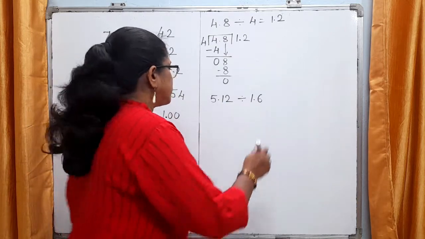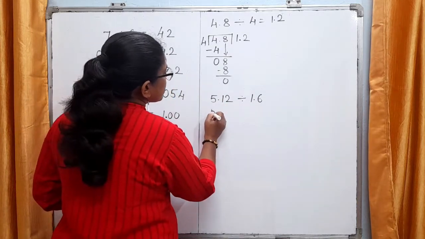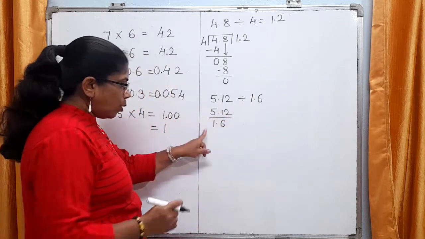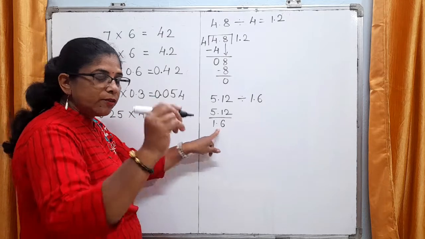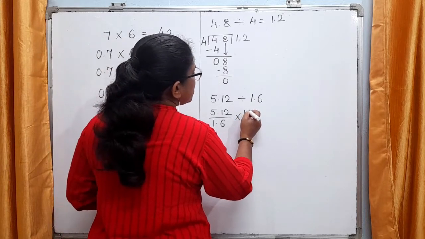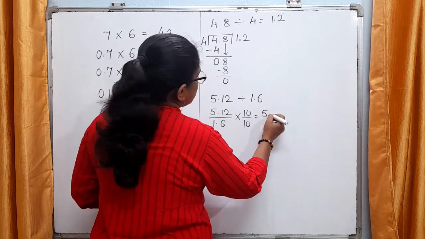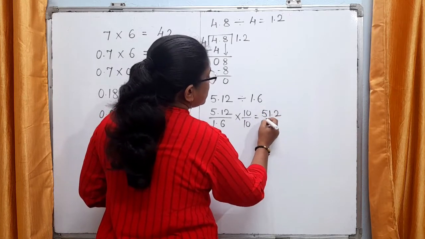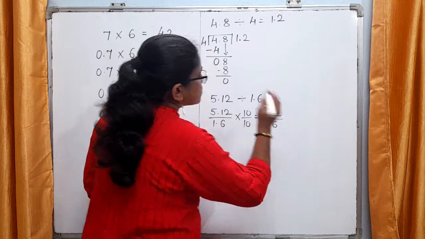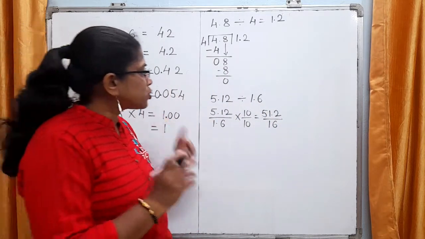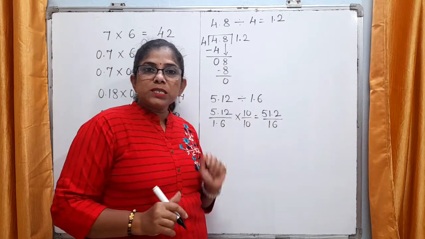Now how do we actually remove it? In 5.12 divided by 1.6, how many digits do we have after the decimal point here? 1 digit. So multiply by 10 upon 10. 51.2 upon 16. This is how, as per the rule, we remove the decimal point.